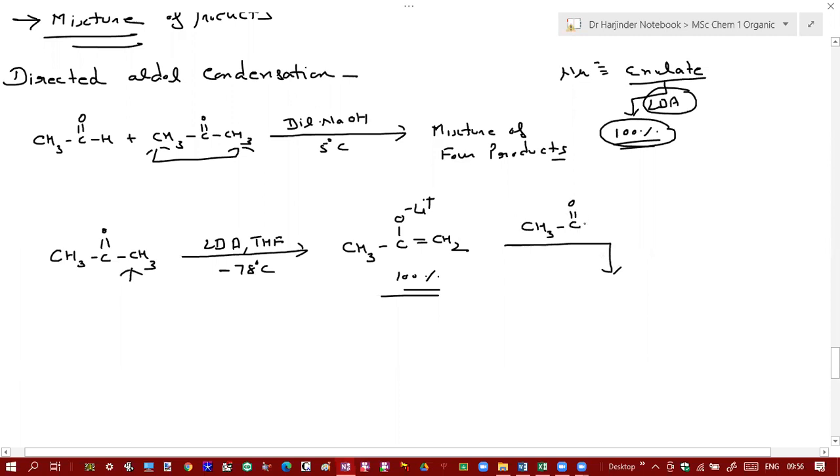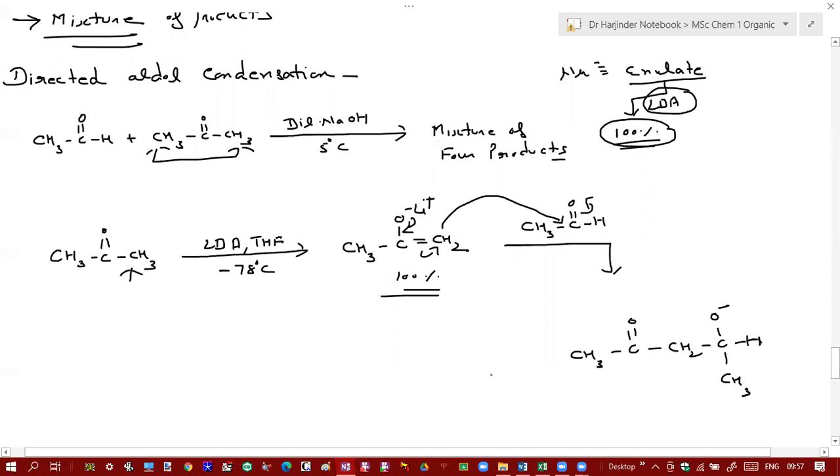This enolate, which was the only species present, will now react with the aldehyde to give CH3, C double bond O, CH2, CO negative, CH3.